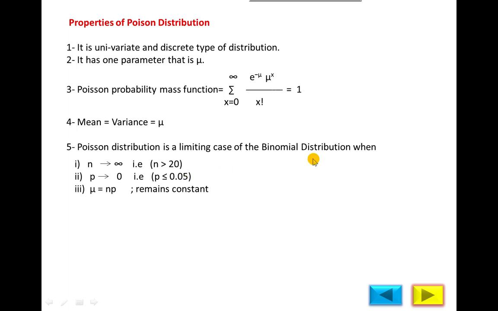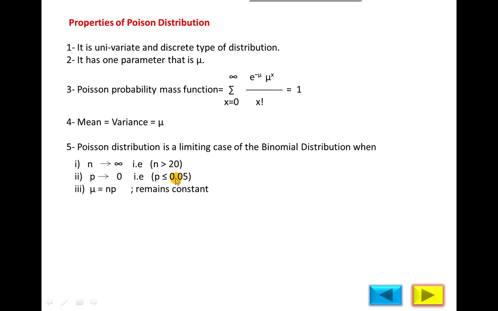So when the sample size n is more than 20, we cannot apply the binomial distribution. Then we apply Poisson distribution if p is less than or equal to 0.05. If p is more than 0.05, then we use normal distribution.